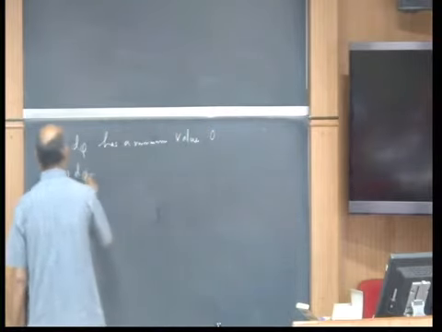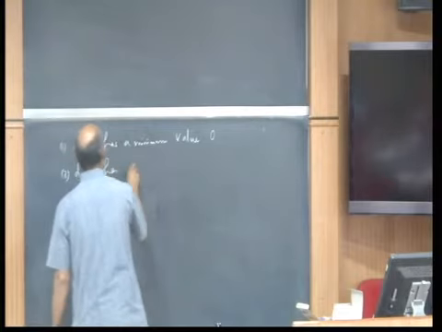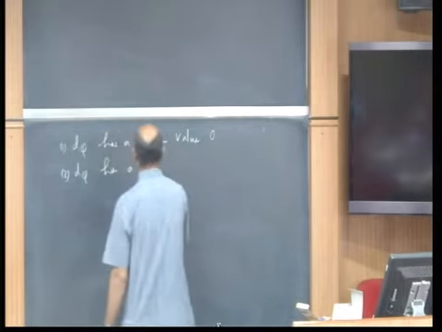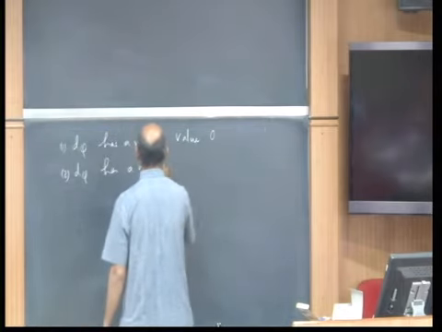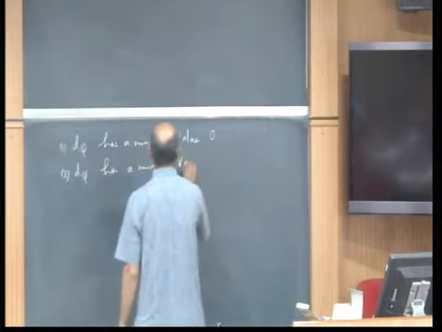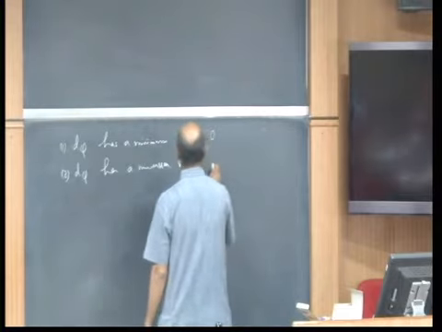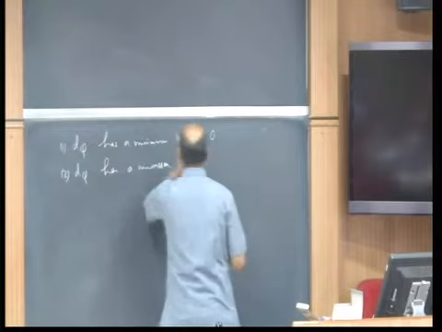Second, it can have a minimum value which is non-zero. It has to be bigger than or equal to 0 after all, so a positive minimum value.